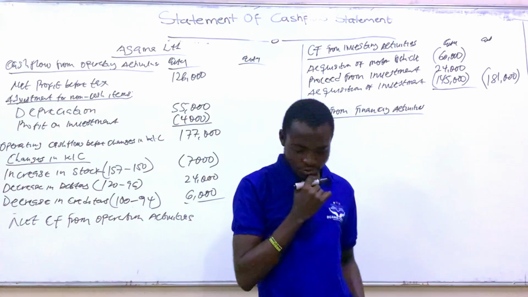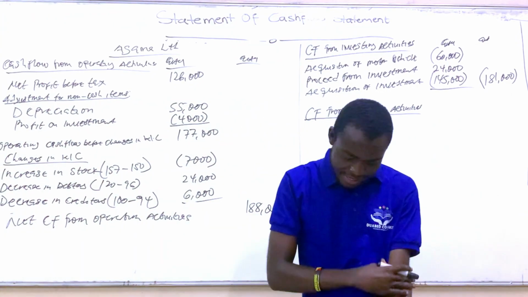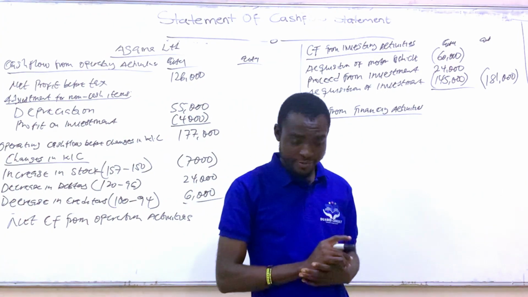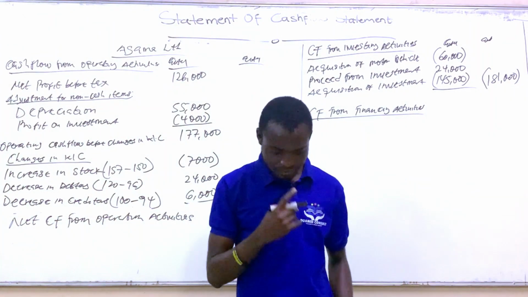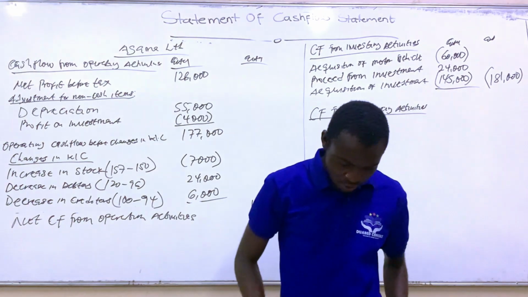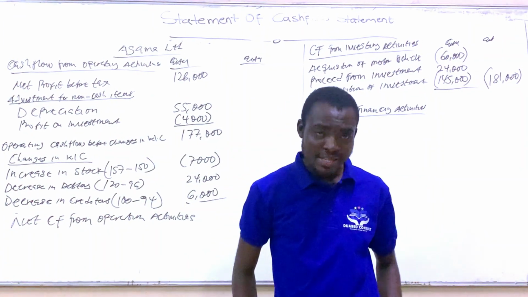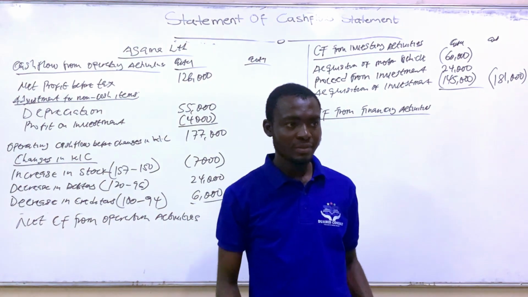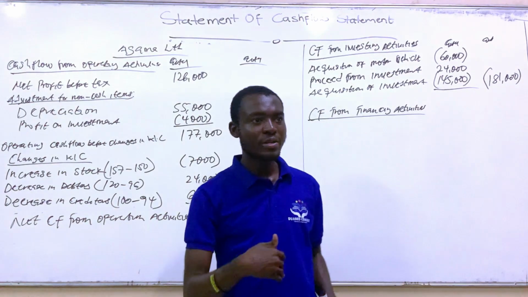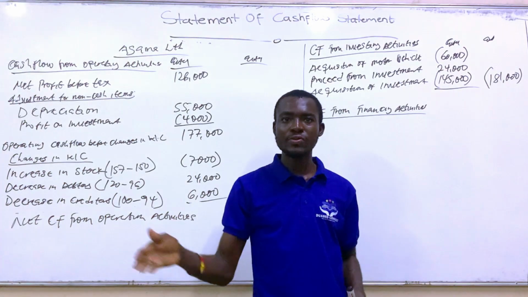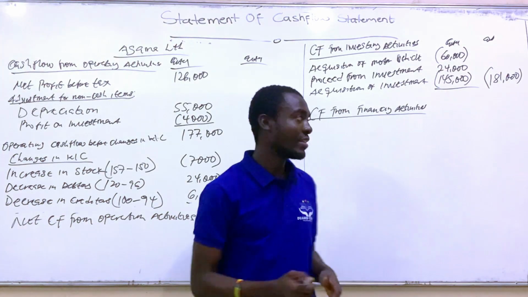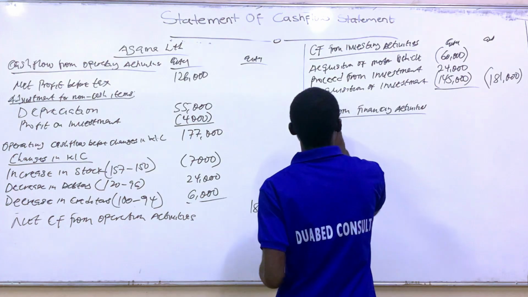From the question, the organization didn't pay any dividends, and there is no interest to pay as well. So there was drawings for the year, which is 76,000. When the owners of the organization take something from the business, it will reduce the cash and cash equivalents.